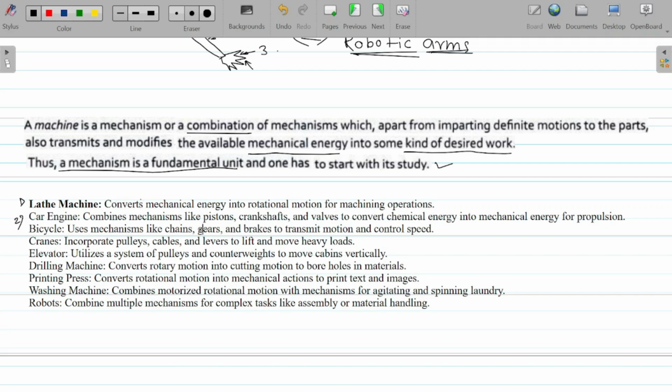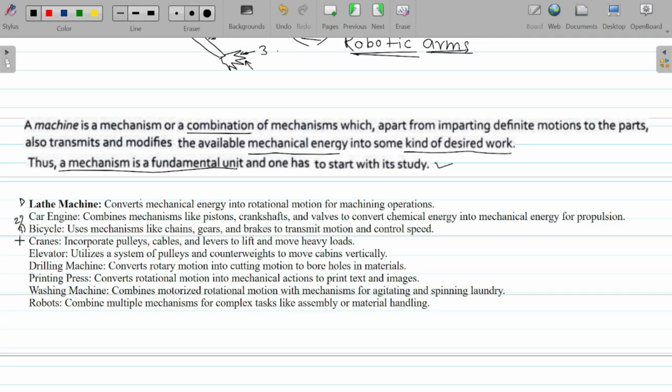It combines different mechanisms like slider crank mechanism, valve mechanism. That means we can open and close the valve with the valve opening and closing mechanism, and it converts chemical energy into mechanical energy for propulsion purpose. Third is bicycle. It uses different mechanisms like chains, sprocket, then gears and brakes, so that we can control the speed.